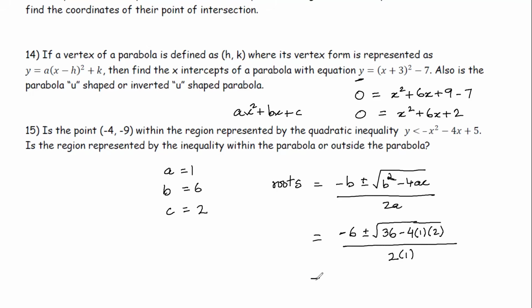That is equal to -6 plus minus root of 36 minus 8, which is 28, upon 2. Now, I can write 28 as 4 times 7, upon 2.